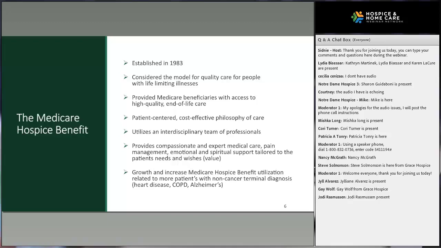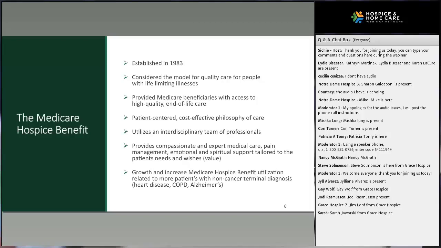The growth and increase in Medicare hospice benefit utilization has been related in recent years to more of the non-cancer terminal diagnoses, such as heart disease, COPD, Alzheimer's. When the Medicare hospice benefit first started, we really at that point in time were looking more at the cancer diagnoses.